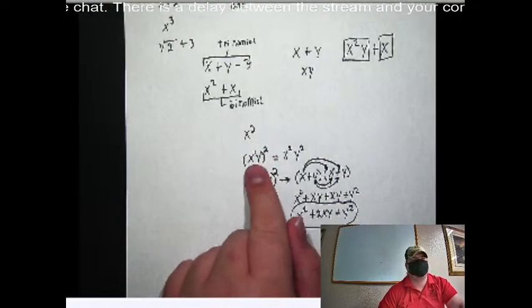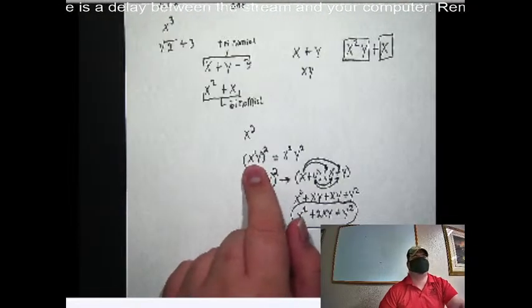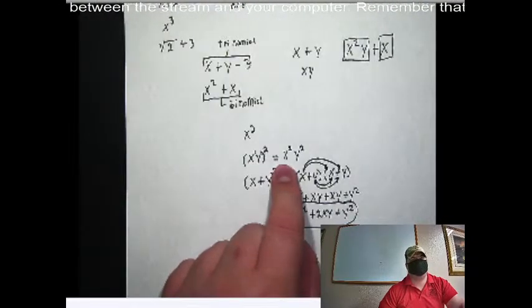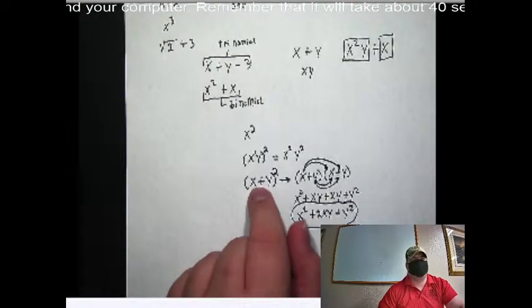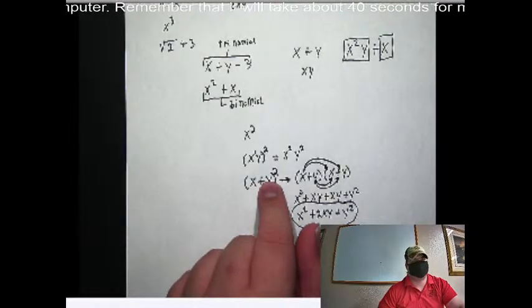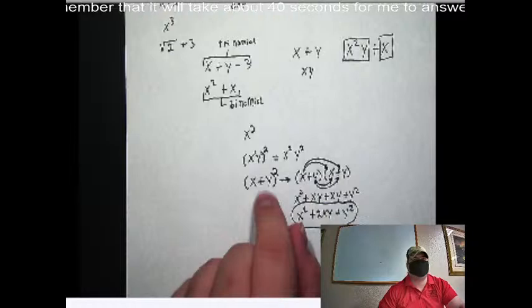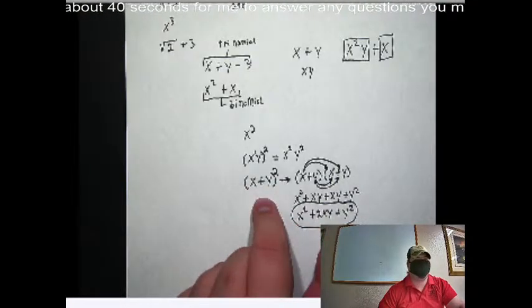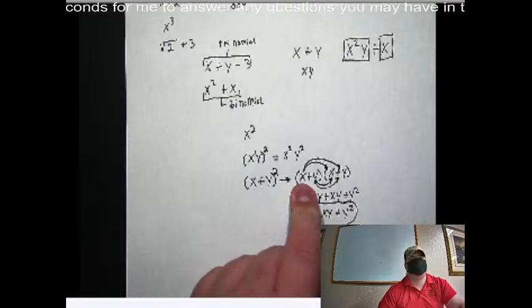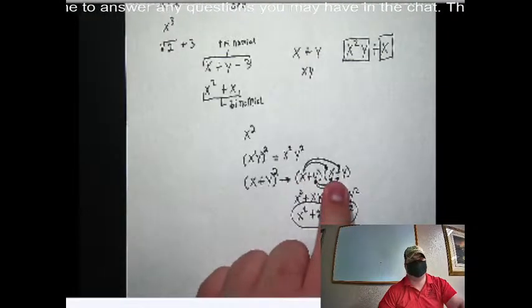That's really not what's going on there. Really, this is xy times xy, so they go to x squared, y squared. We can't do the same thing here. We can't just say x squared plus y squared. We have to remember that what we're doing here is we are multiplying this term by itself. So x plus y times x plus y.